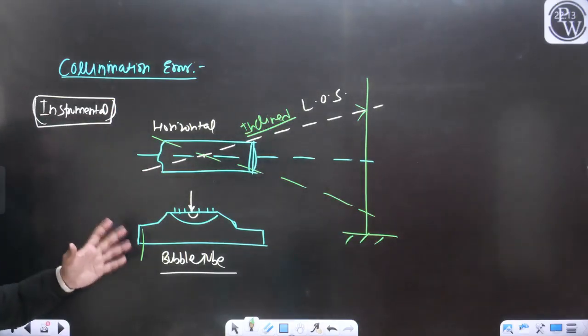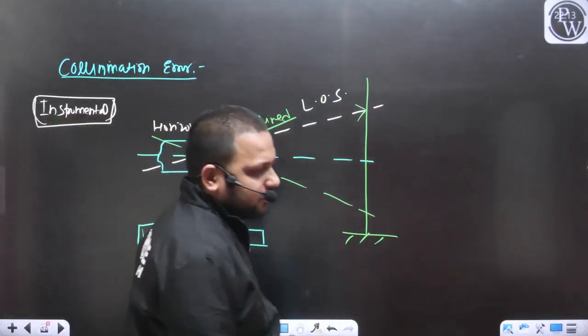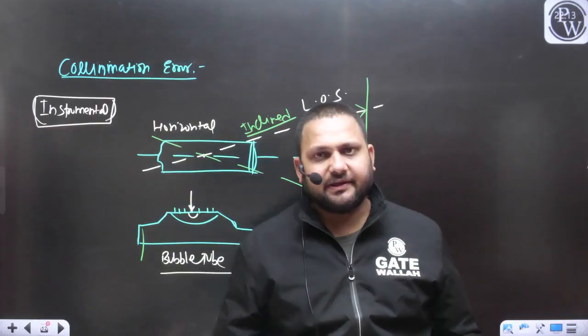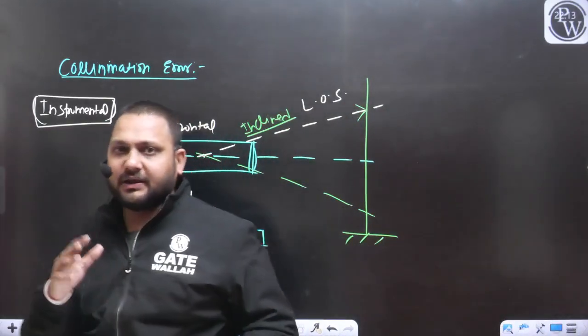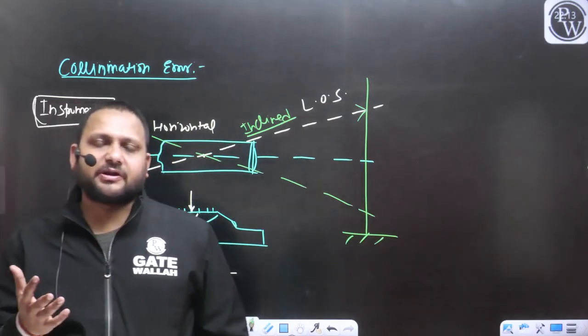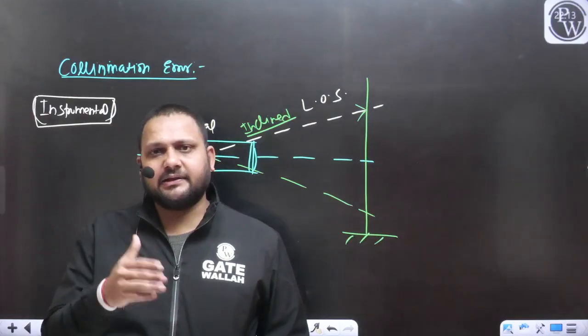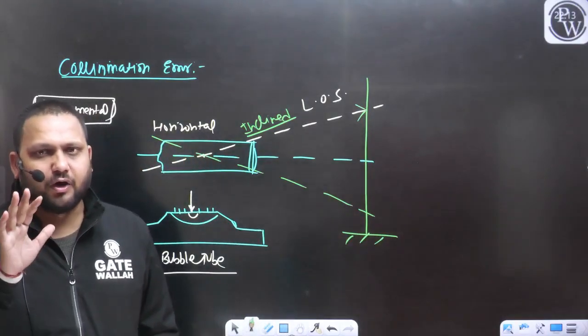So in that case there will be error, yes or no? When you are considering your line of sight is perfectly horizontal, but in actual the line of sight is not perfectly horizontal, it is inclined either in upward direction or in downward direction.